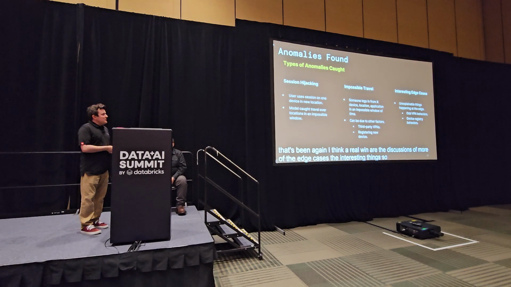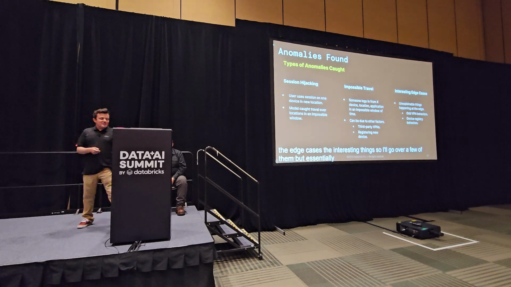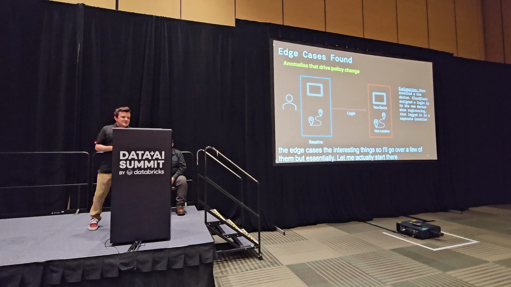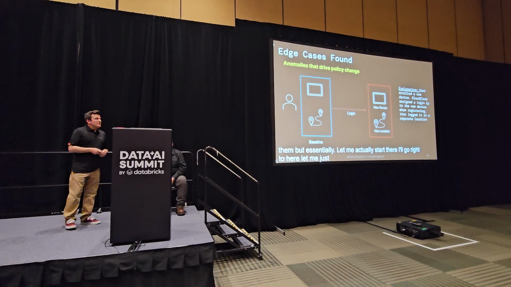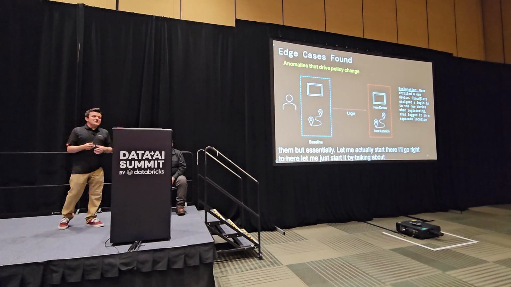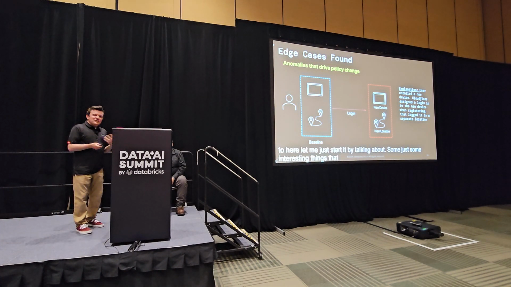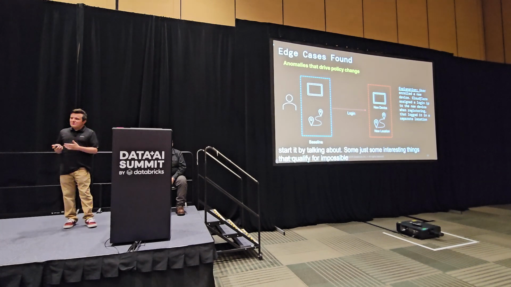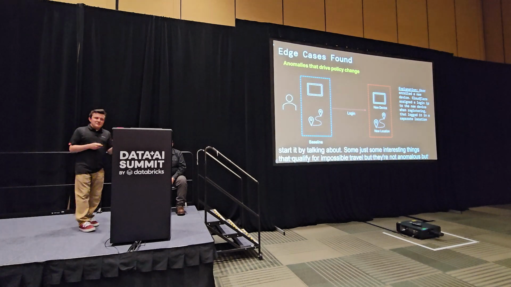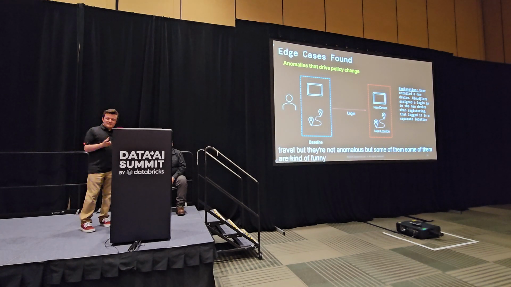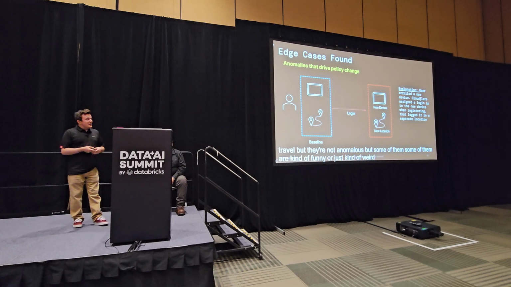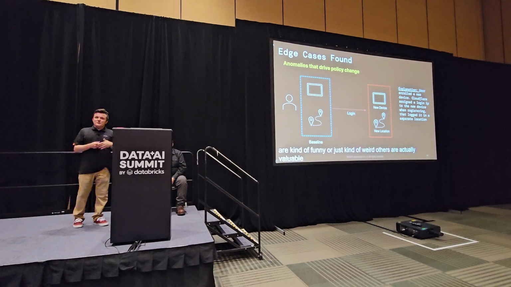Let me start by talking about some interesting things that qualify for impossible travel, but are not anomalous. Some of them are kind of funny or just weird. Others are valuable insights that are driving policy change at Adobe.